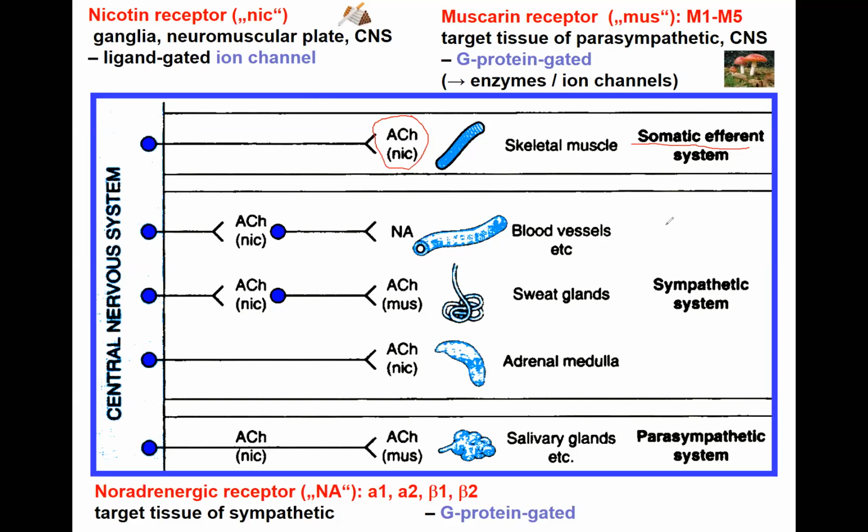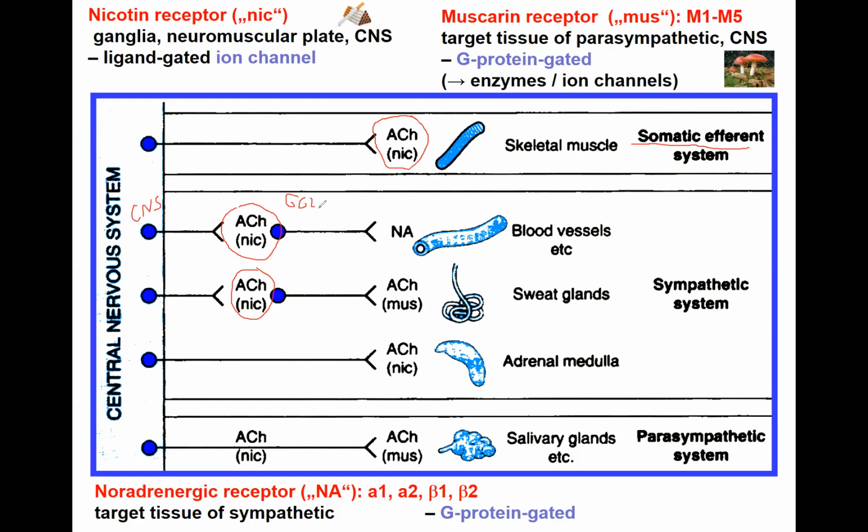Now we come to the autonomic system. Where are the nicotine receptors for acetylcholine? You can see them here. These are preganglionic fibers. This is the CNS, and this is the ganglion.